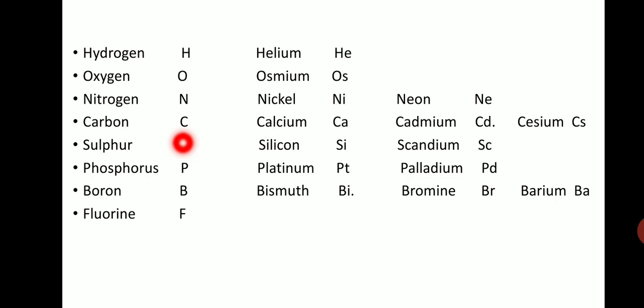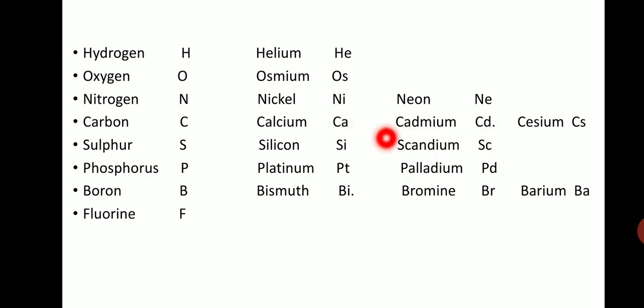Carbon is written as C, but calcium is written as Ca, since C is already used for carbon. Cadmium: Ca is already taken for calcium, so the third letter d is used and the answer is Cd.